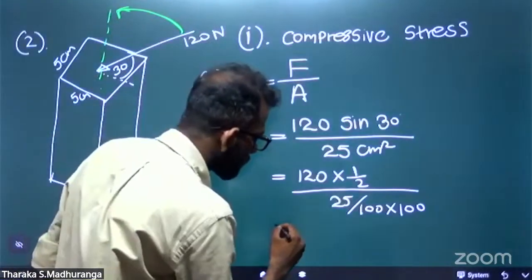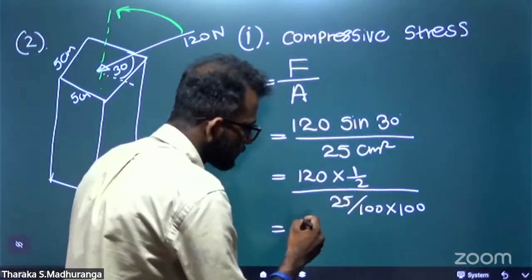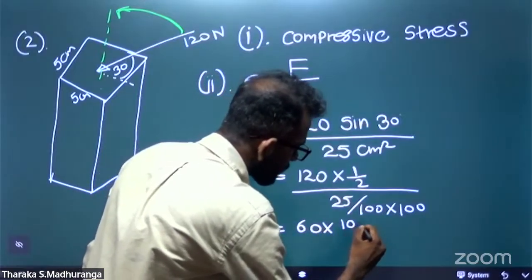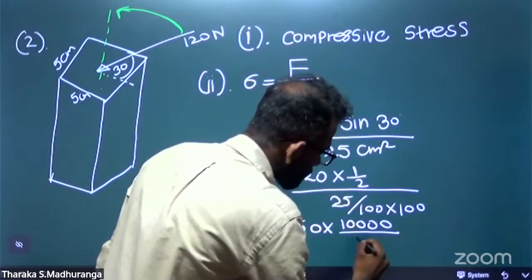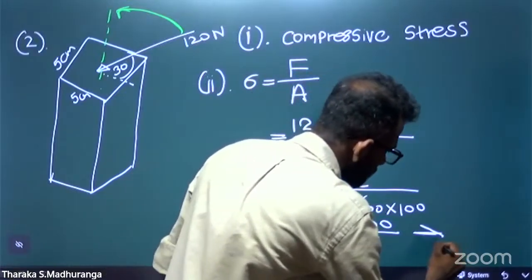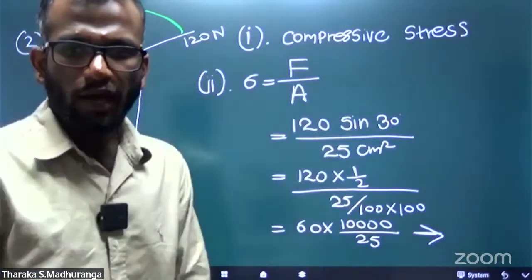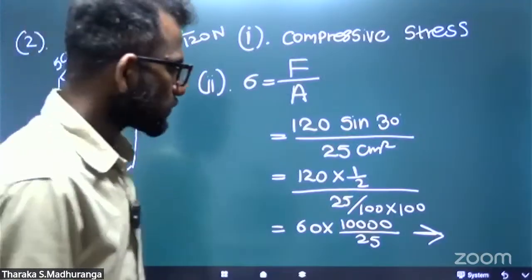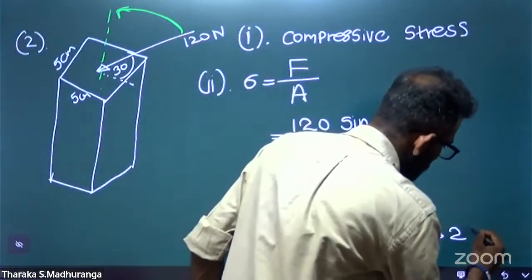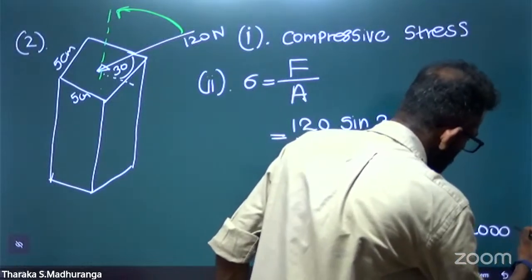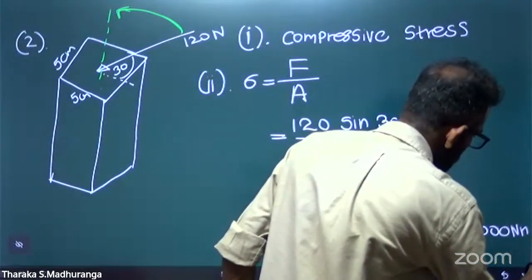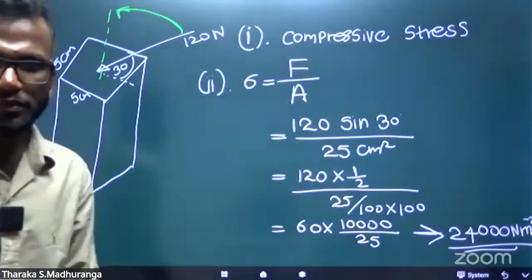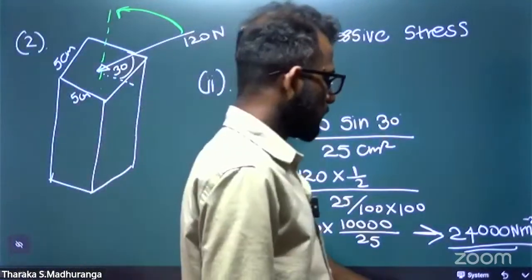Then 120 over 2 means 60. 60 multiplied by 10,000 over 25. The answer is 24,000. Very good. 24,000 N m minus 2.